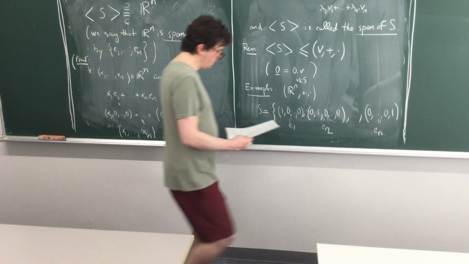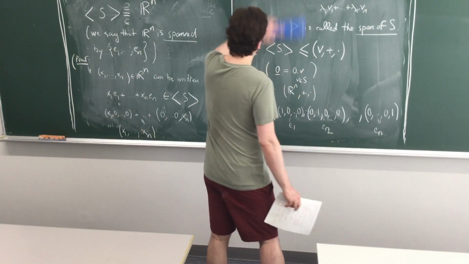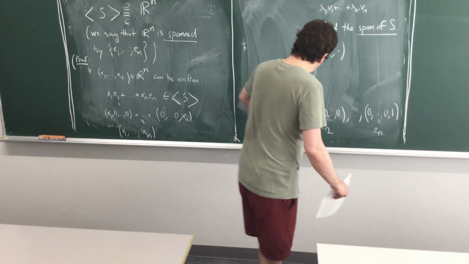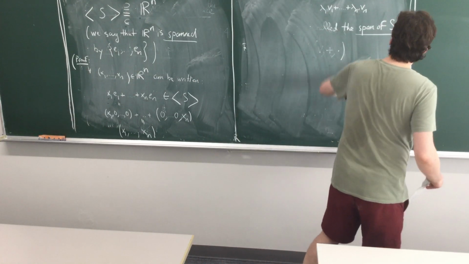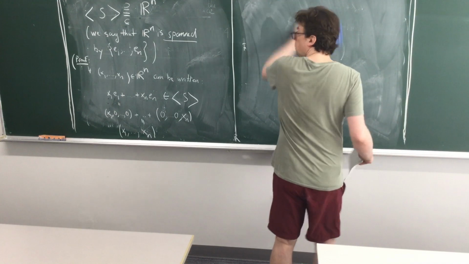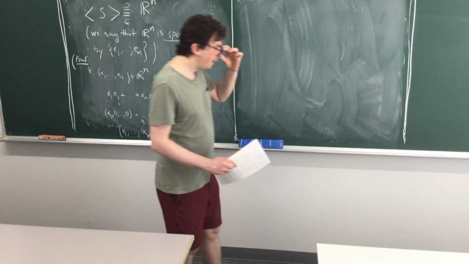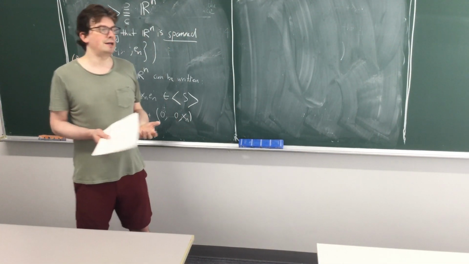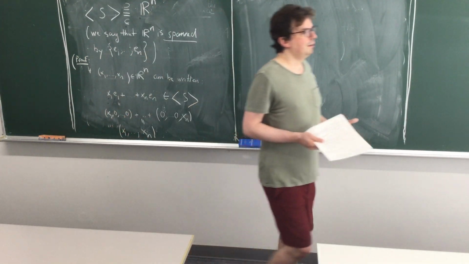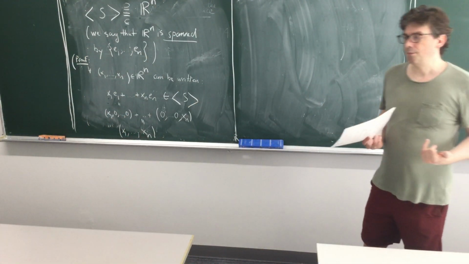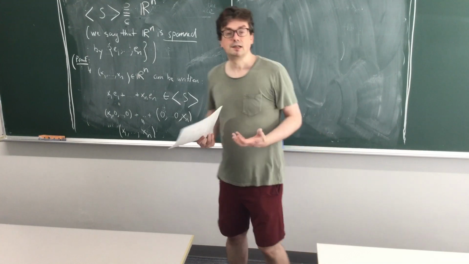Another case I want to emphasize, so another example. We take back our examples of vector spaces and we try to find if they can be spanned by some fixed vectors.